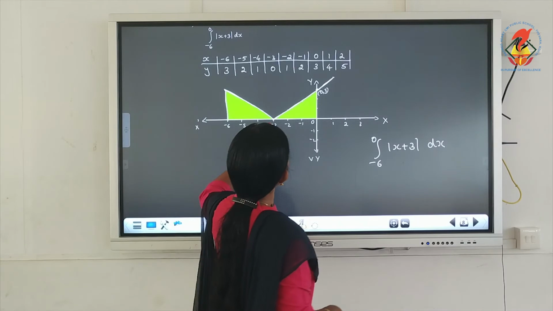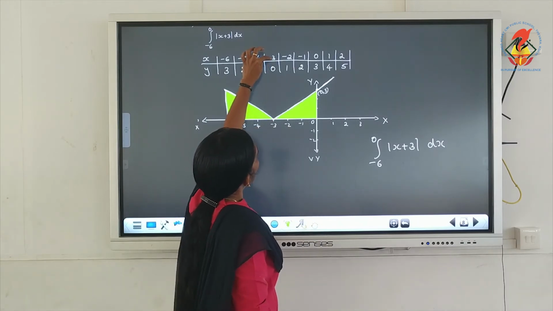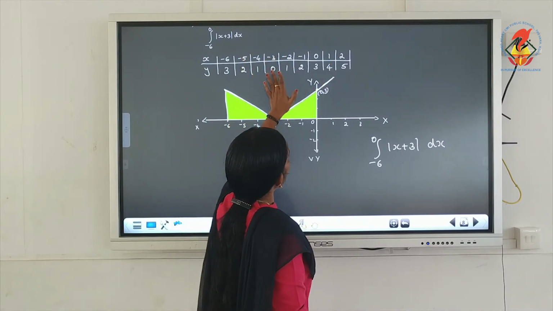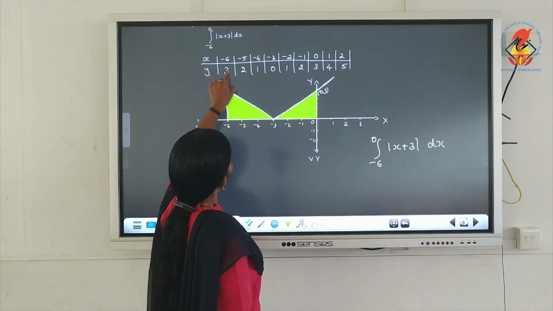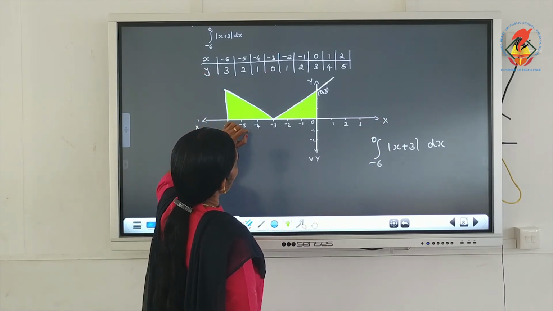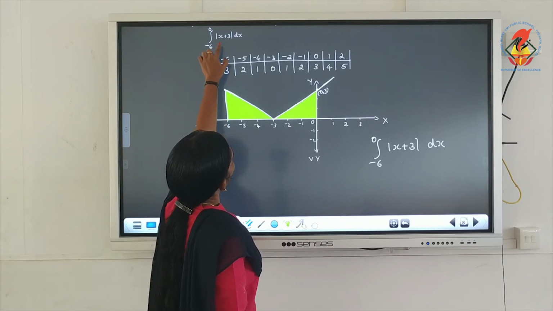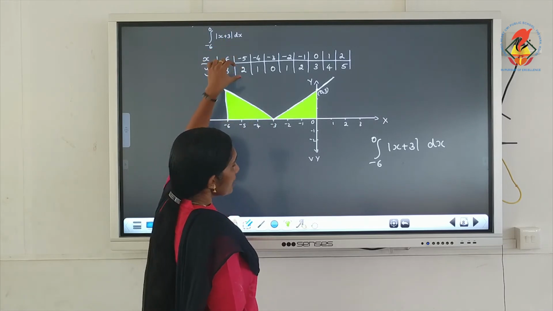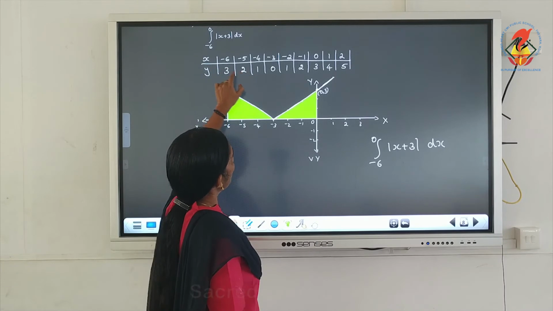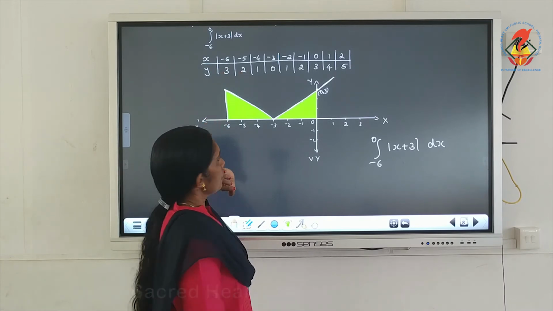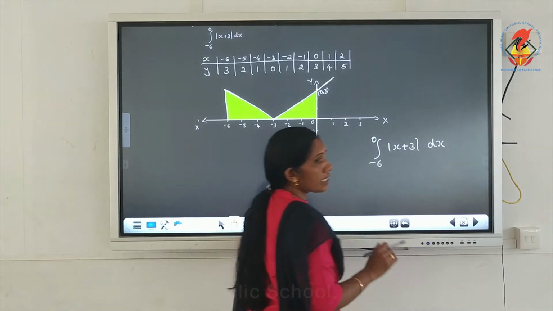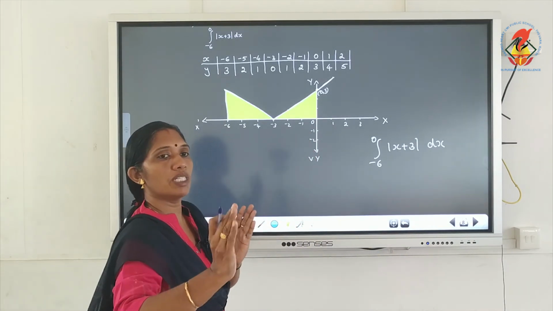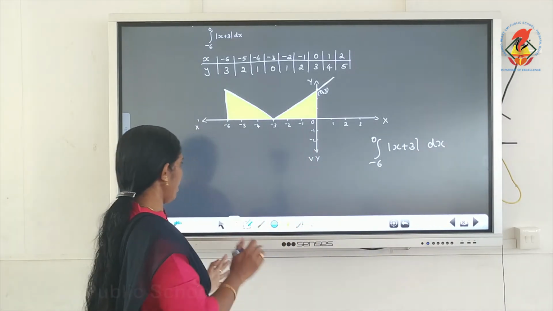From minus 3 to the right hand side the value is positive, and to the left side, for example minus 4 plus 3 is minus 1. Since the modulus sign is there, that is why only positive sign. So you can't take that together, since one portion is positive, one portion is negative.